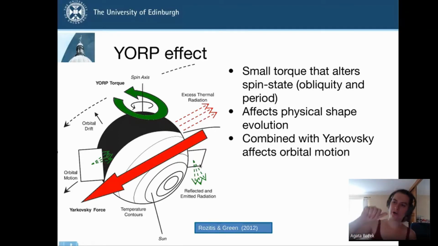And that small torque, again, very tiny, but it's always there. So it can change the rate at which the asteroid rotates, spinning it up quite quickly, or it can tilt the rotational axis of the small bodies. And the YORP effect was one of the interests of my PhD work.